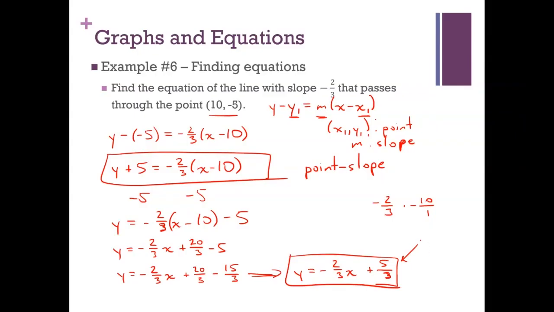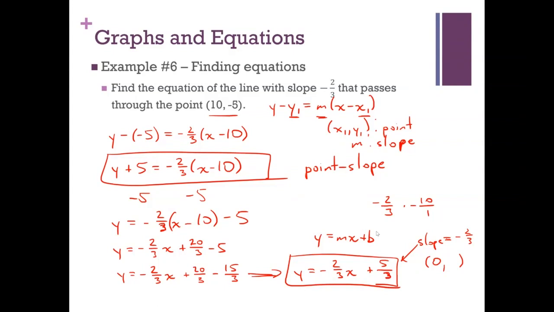So if I'm looking at this equation, what's the slope? Negative 2/3. And what's the y-intercept? So this right here is y equals mx plus b. The b tells you something about the y-intercept, and b is equal to 5/3.